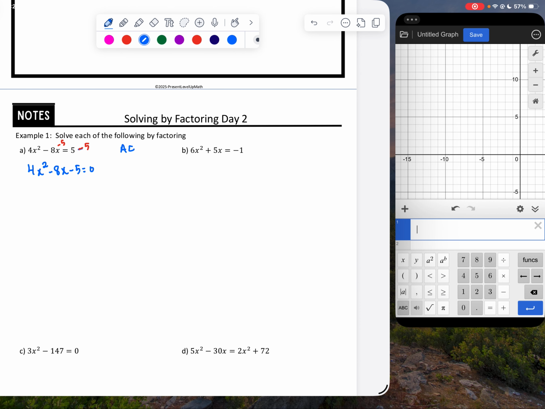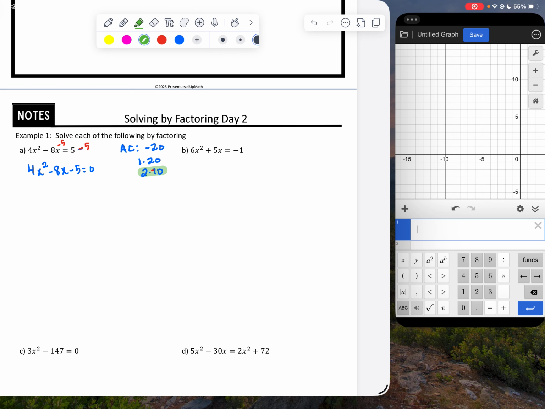Now, because I'm using the AC method of factoring, I'll multiply the A, which is 4, times the C, which is negative 5. So my A times C is negative 20. I'll list my factors, 1 and 20, 2 and 10. And I'm going to stop right there because I'm trying to get a negative 8. I'm trying to split up the term negative 8x, and I can do that with 2 and 10 if I make the 10 negative.